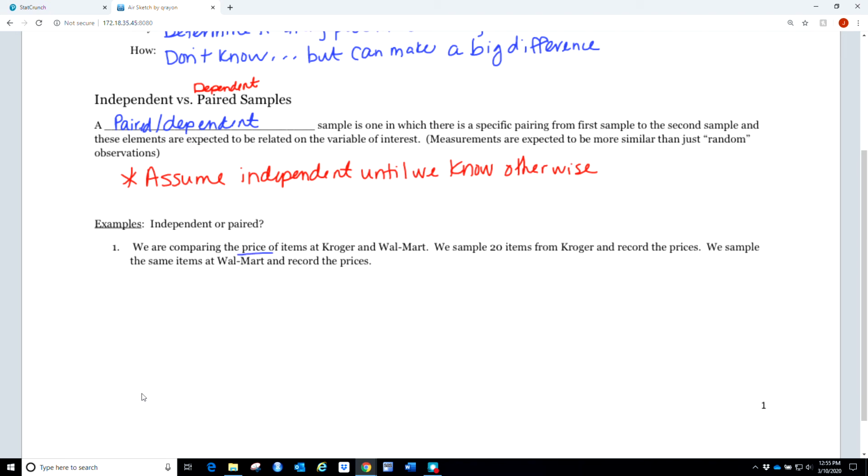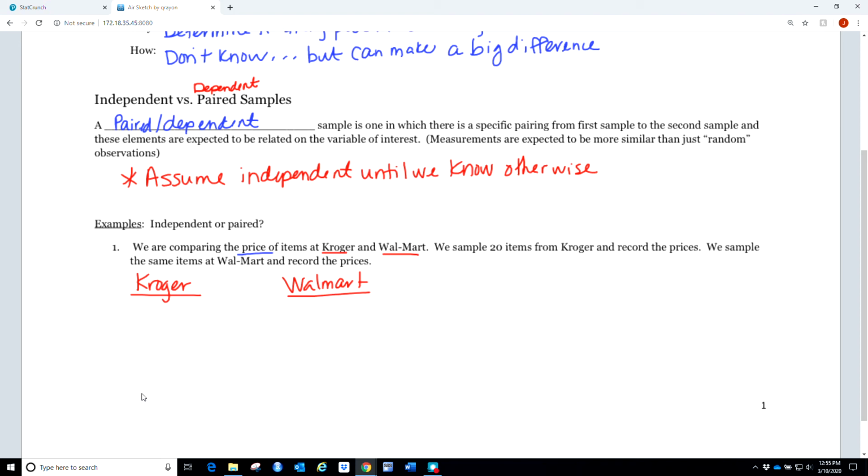In that case, it's going to be price, and we're going to be comparing it between two groups. Here our two groups are Kroger and Walmart. So I'm actually going to start with those. So we're comparing Kroger and Walmart.